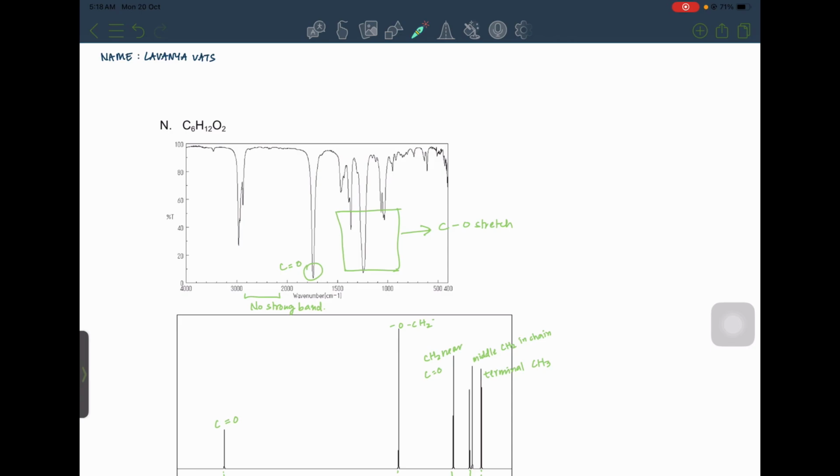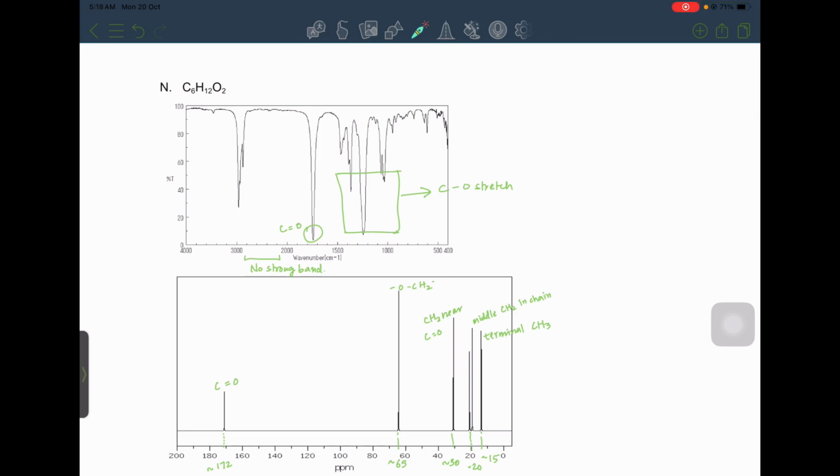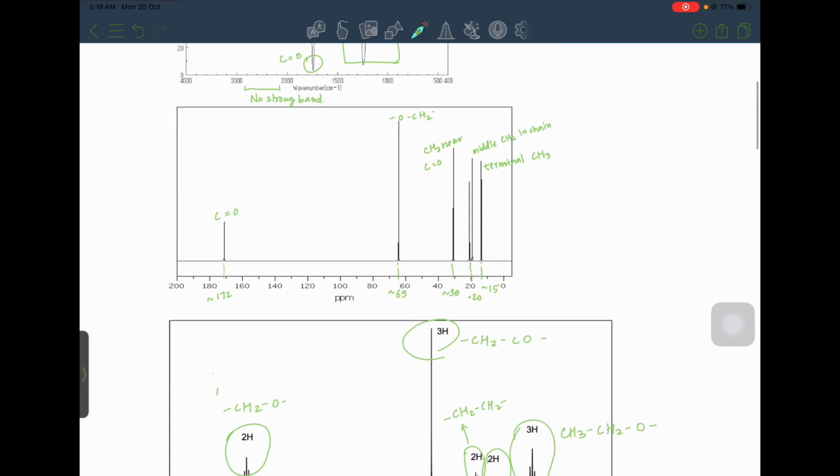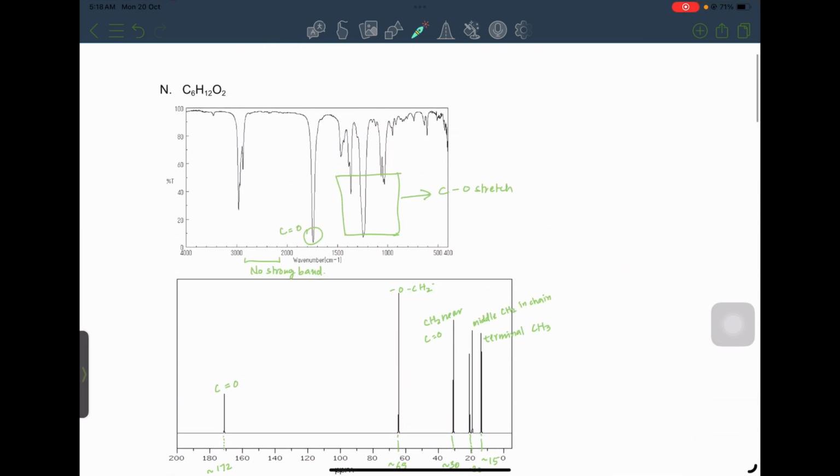Hi everyone, I'll be solving the spectral problem N from my organic chemistry lab. The molecular formula given is C6H12O2 and the job is to analyze the IR spectra, the C NMR and the H NMR to understand what exactly the molecule is.